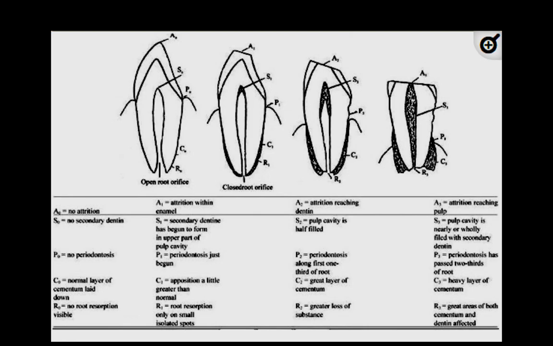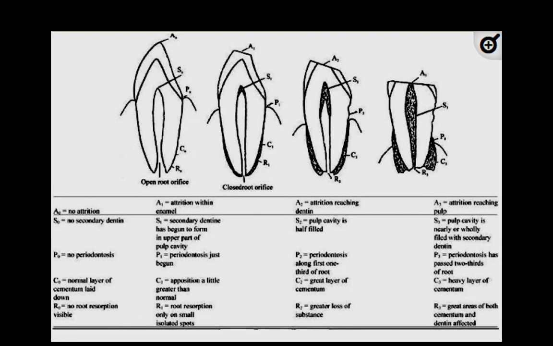So you can see the leftmost picture showing A0, no attrition, S0, no secondary dentine, and P0, no periodontosis. Similarly C0, no cementum apposition, R0, no root resorption.